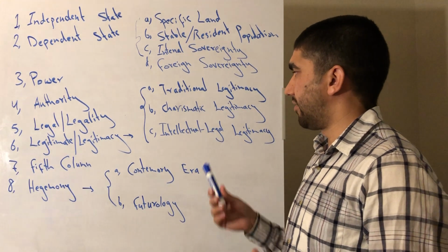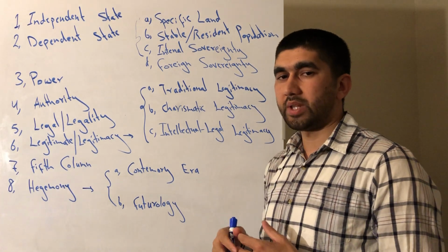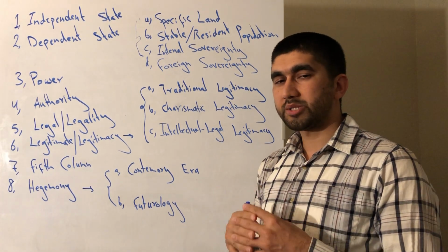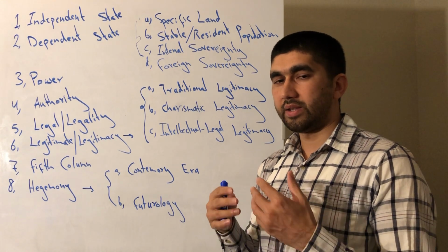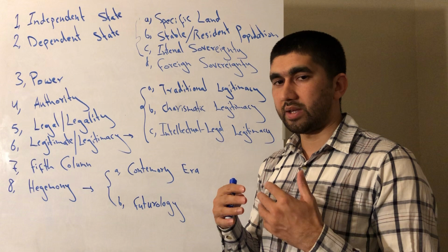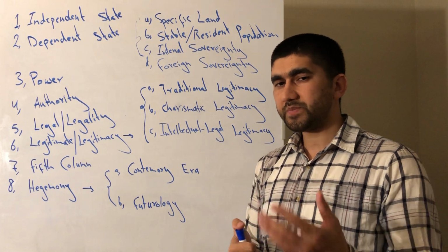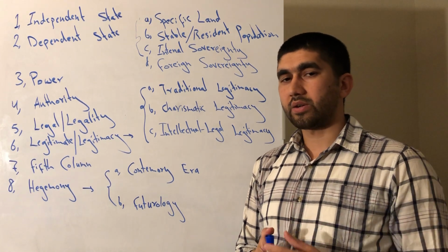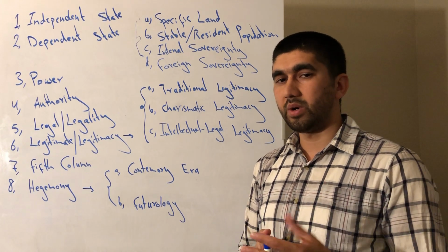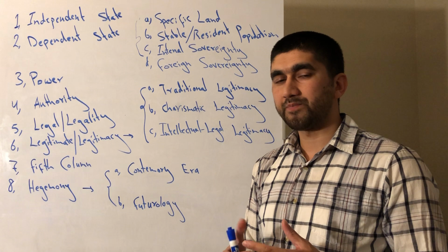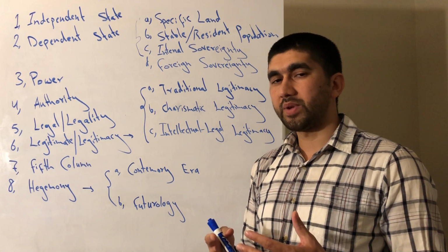The other one is charismatic legitimacy, which simply means that a person's personal quality gives him a charismatic legitimacy. Let's say the way he talks, the way he represents people, or represents different things.